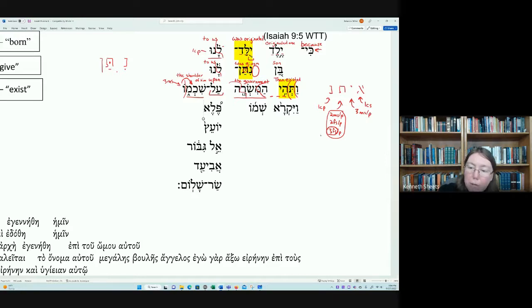And then we also have Wayikra. Notice we again have that wow consecutive on an imperfect. It's the yod here, so that tells me this is either third masculine, singular, or plural. I can tell the difference between a singular and plural by looking at the end to see if there's a U class vowel. There's no U class vowel here, so I know then that this is going to be singular.